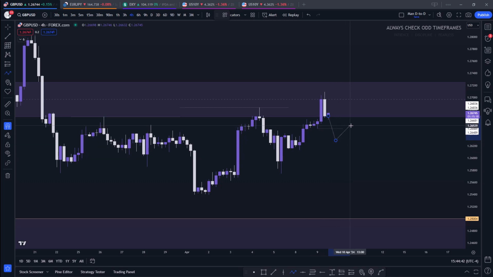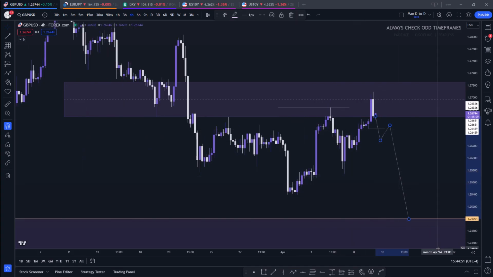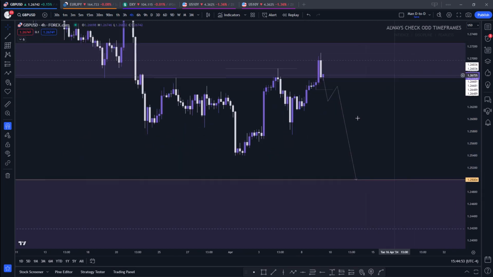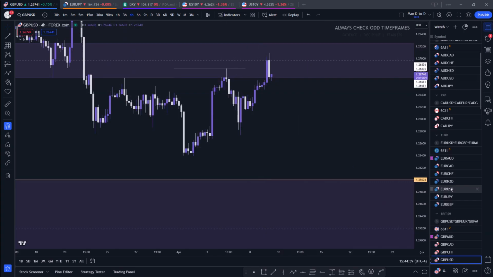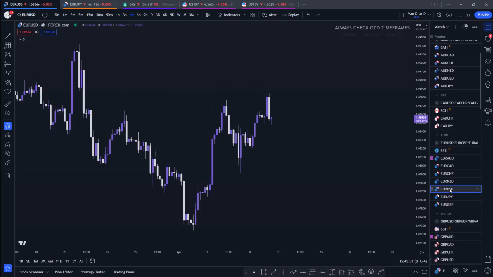Then we get a pull up back into the range or into the order block, then a continuation down for CPI. I would like to see something like this before we get any move back up to the upside. So this is my idea going into CPI tomorrow, and I'm focusing on GBPUSD because it's cleaner than euro dollar for me, in my opinion, right now.